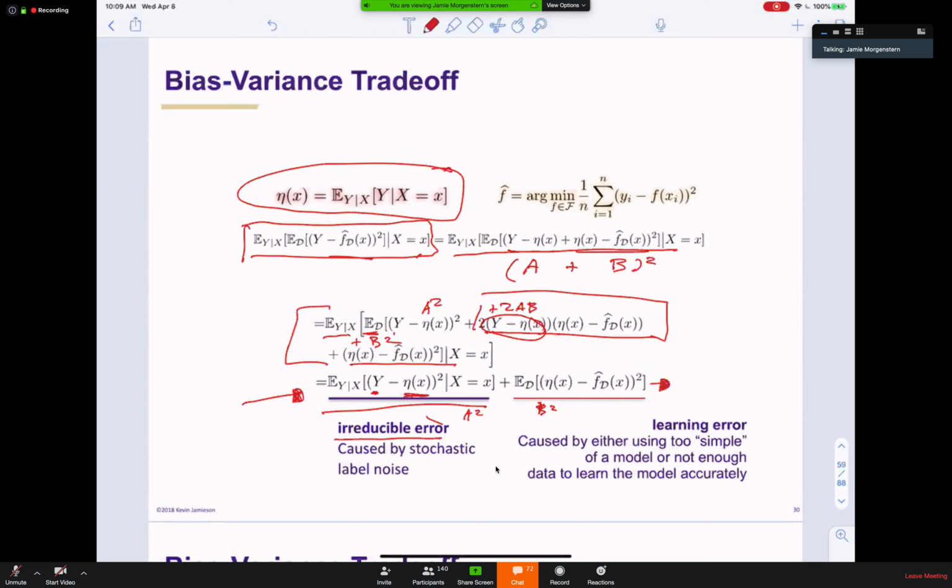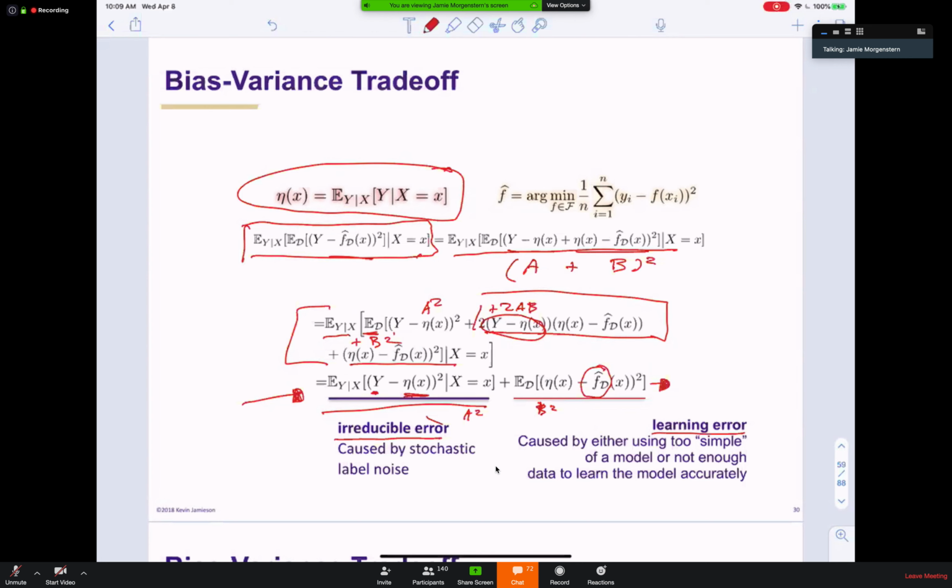So the point is that this term definitely has to do with the estimation that we were thinking about doing, right? It depends on this f hat. And it's what's often referred to as learning error, right? We're going to derive another interpretation of this term, because it's actually governed by a couple of things simultaneously.